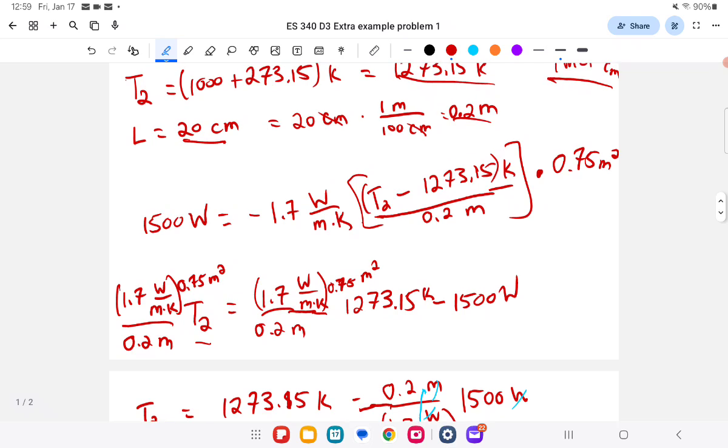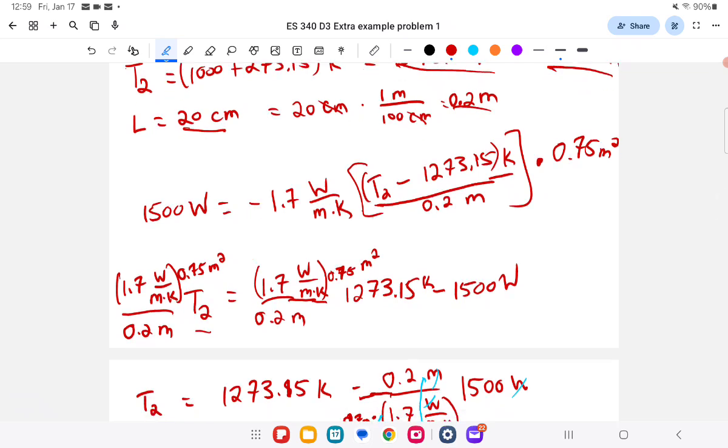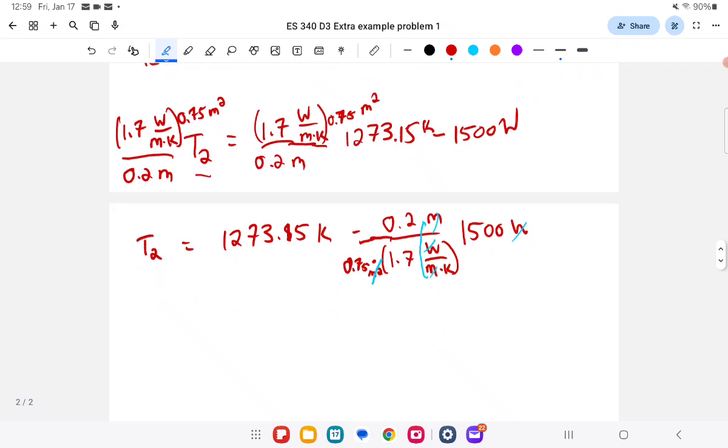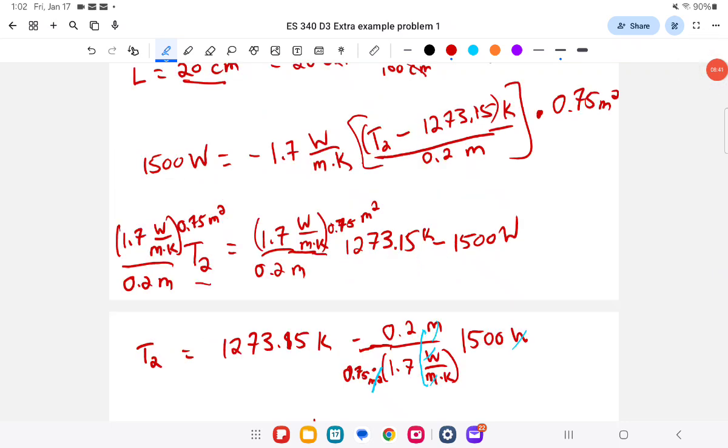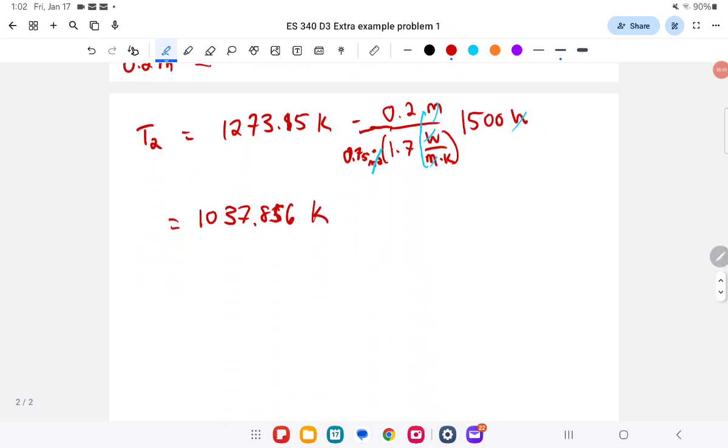And what we should find is that this gives 1037.856, if I just round to that point, Kelvin. So let me write that out. Oh, I think I did. There we go.